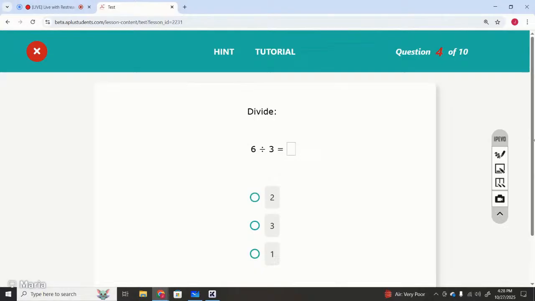That is 2, because 3 times 2 is 6. Option number 1 is the correct option.